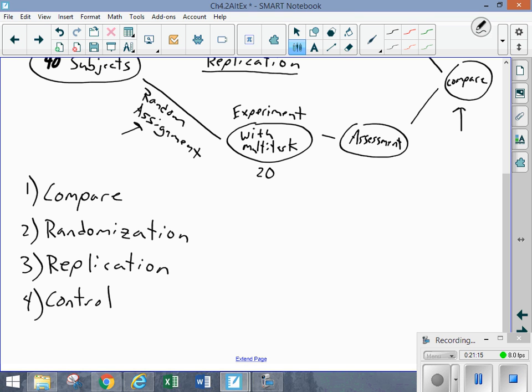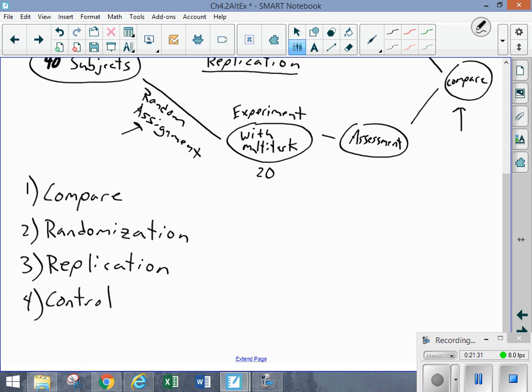So to answer your question, do you need to memorize what these are? Not really. But you do need to know that if you're being asked to design an experiment, all of these need to be addressed in that statement.